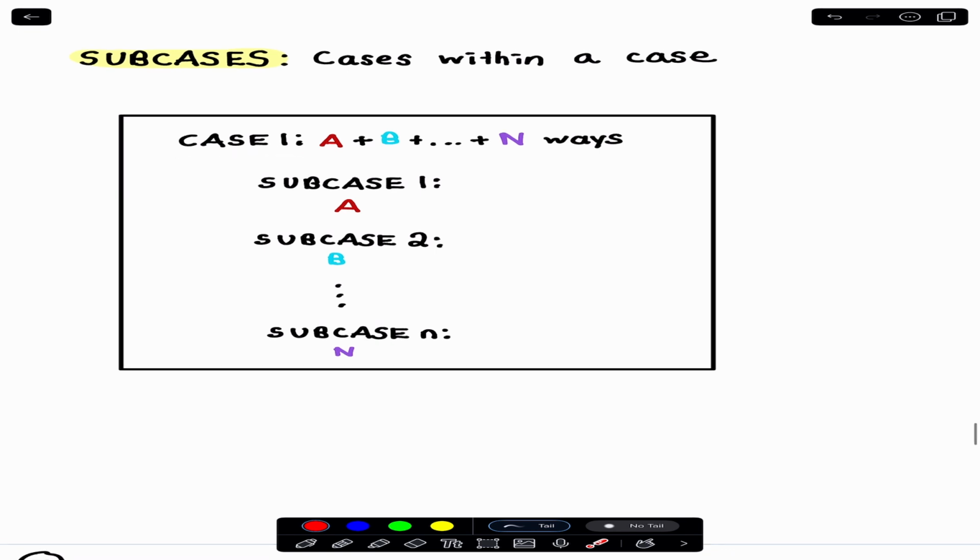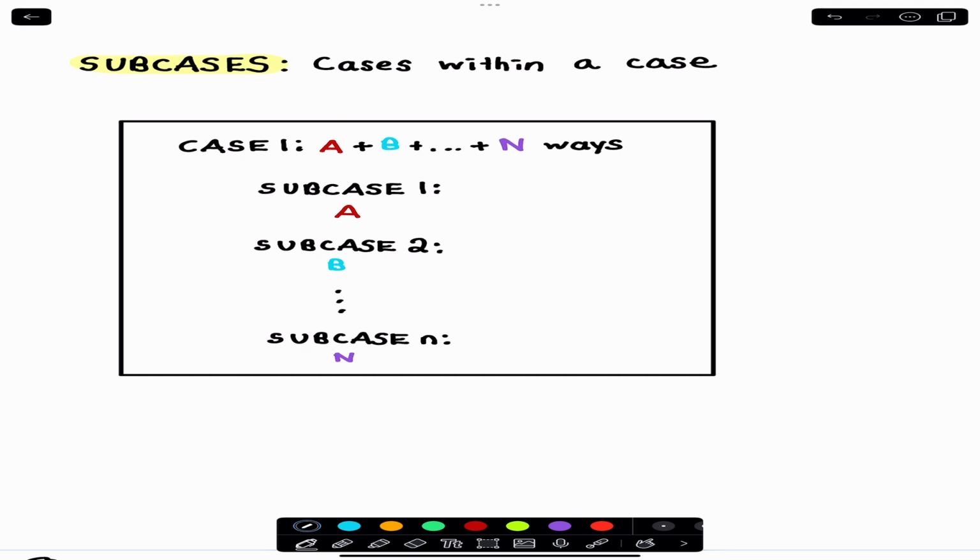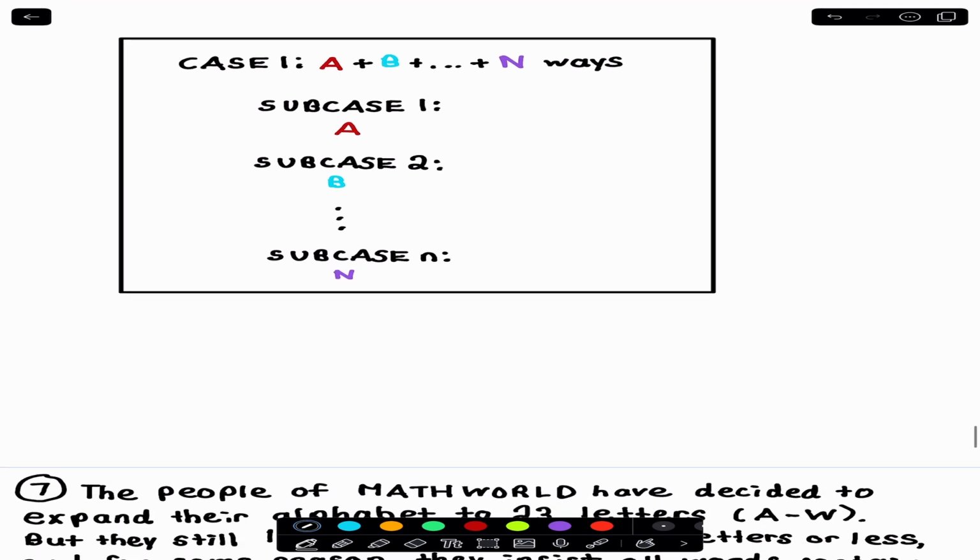So then you're going to have to probably do it multiple times. Case 2 might have some subcases, case 3 might have some subcases, and then in the end you're going to have to add everything up again to get the final answer. If that sounds a little confusing, we must see it in action with a problem.